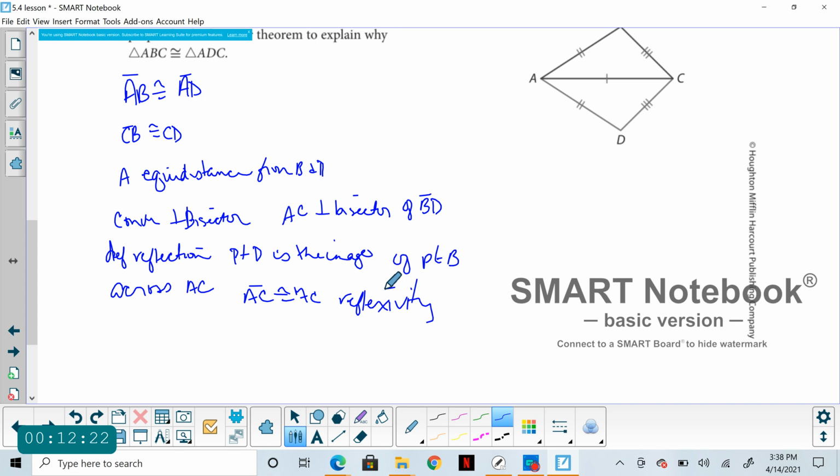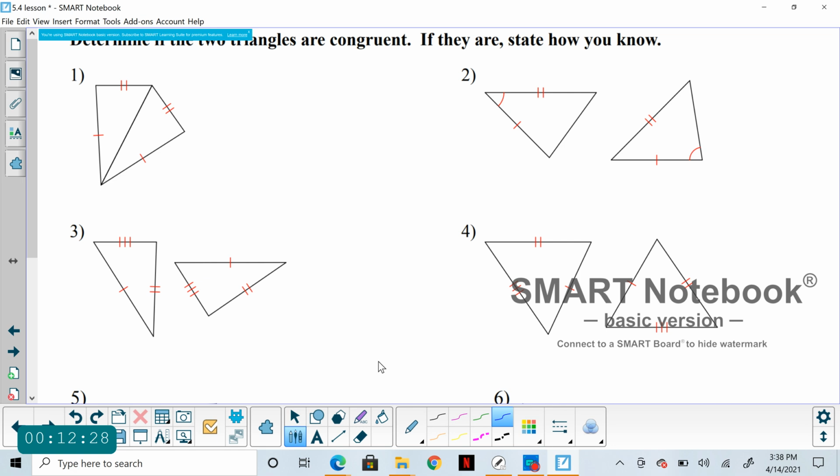Okay, so let's look at some actual problems like you'll see on your homework. Determine if these two triangles are congruent. If they are, state how you know. So, is number 1 congruent? Well, these tick marks are the same, so those sides are congruent, and these ones are the same, so they're congruent.